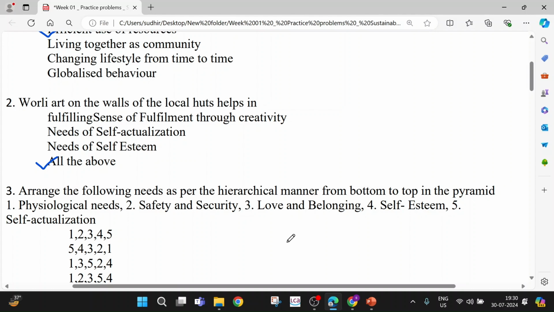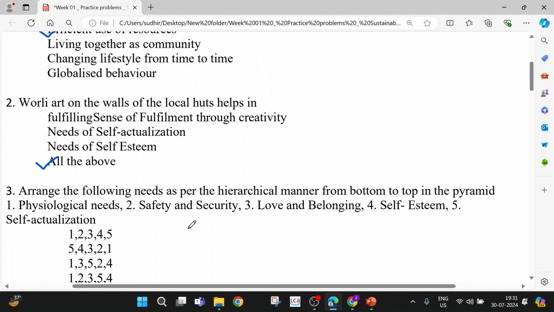If you arrange them in a particular hierarchical manner, from bottom to the top in the pyramid, which option will be the suitable arrangement? Option A. Yes, option A is the right answer for this question.